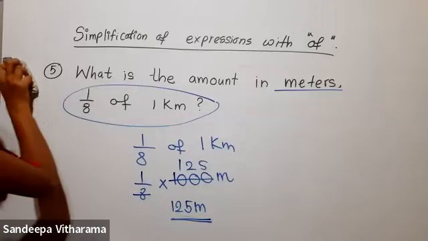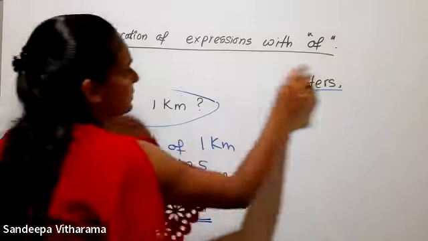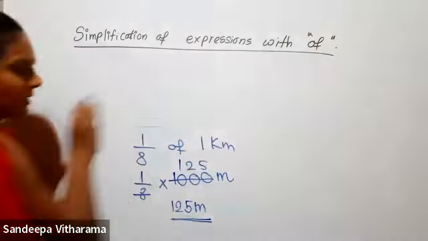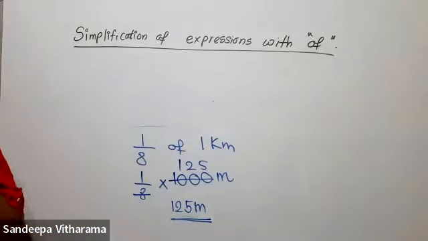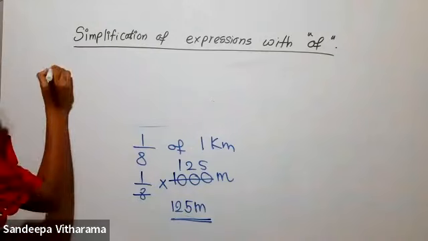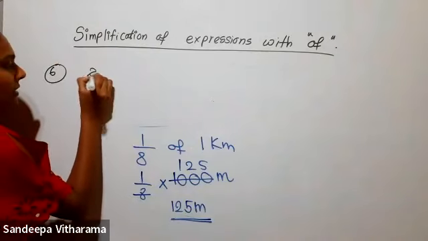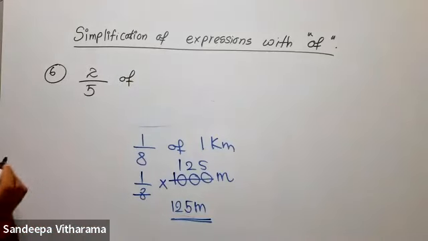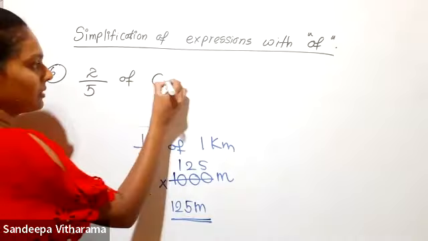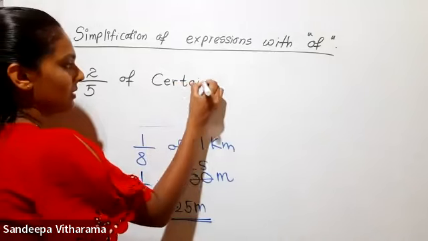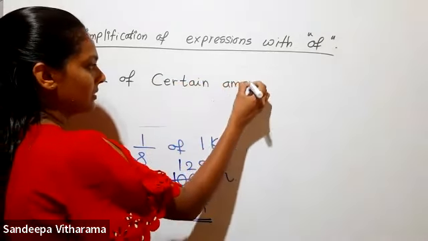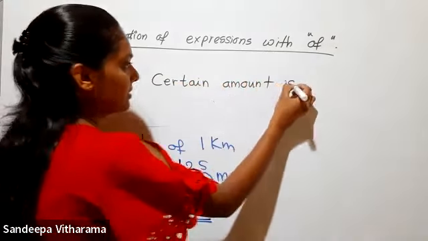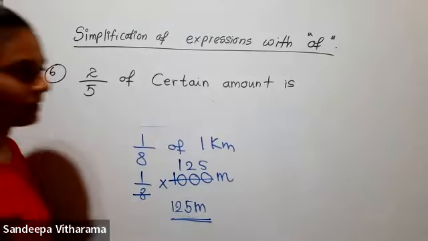Then another kind of question related to this one. බලන්න. දැන් පටල ගන්න එපා හරිද? හොඳට ප්‍රශ්නේ තේරුම් ගන්න. It is given that 2/5 of a certain amount is 500 rupees.